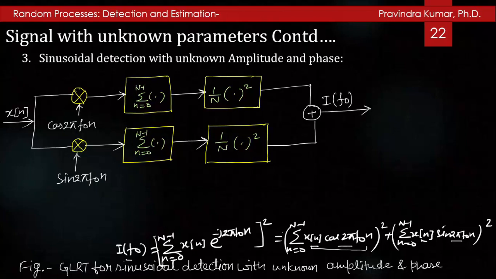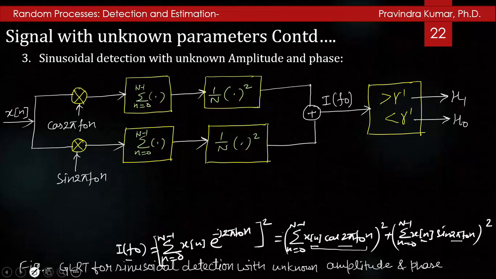It will be the periodogram, and then this periodogram is compared to the threshold value. If the periodogram is greater than the threshold value, you decide H1; if less than the threshold value, you decide H0.